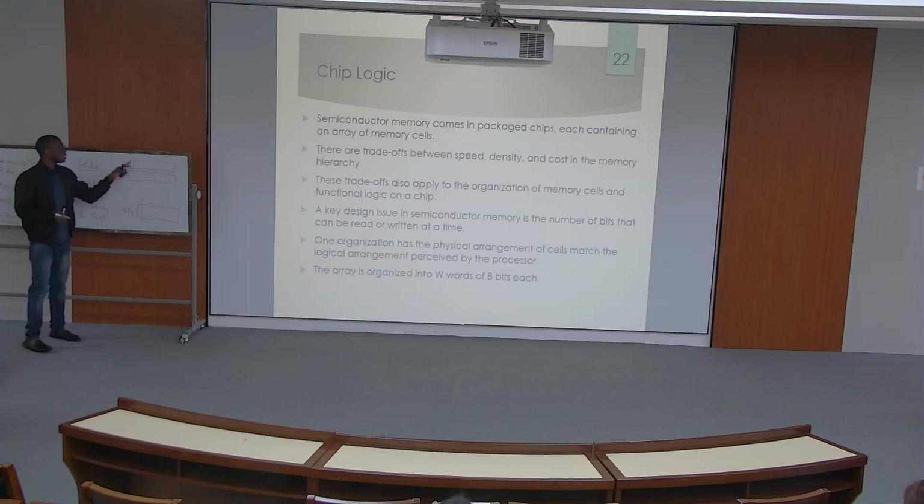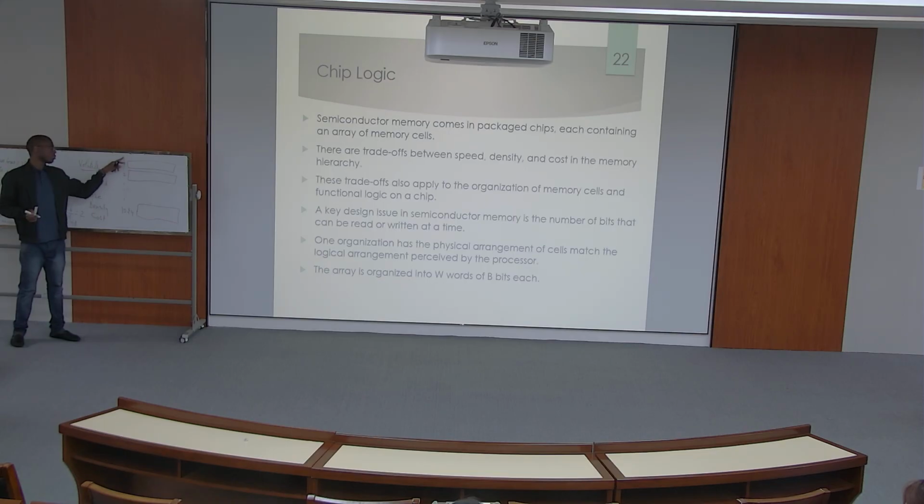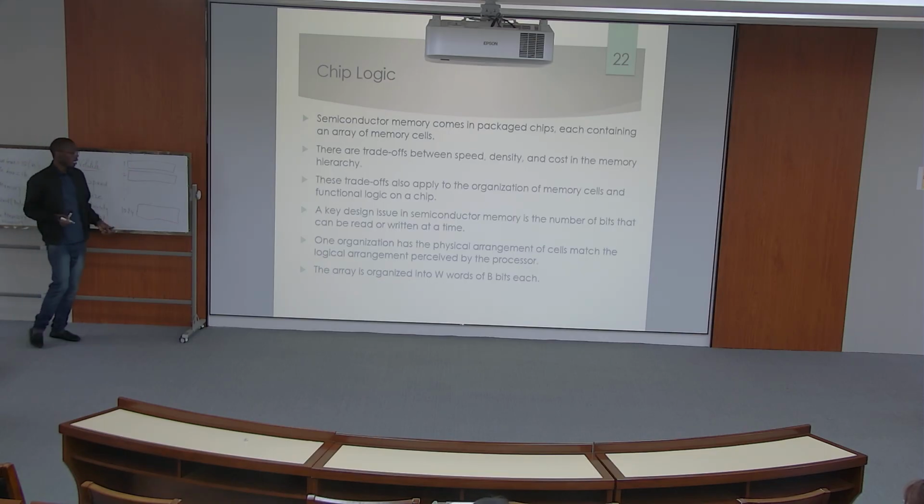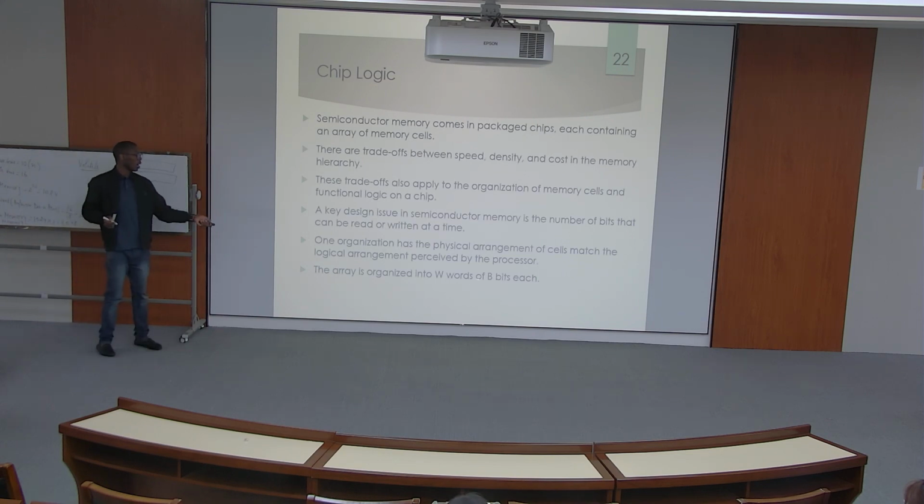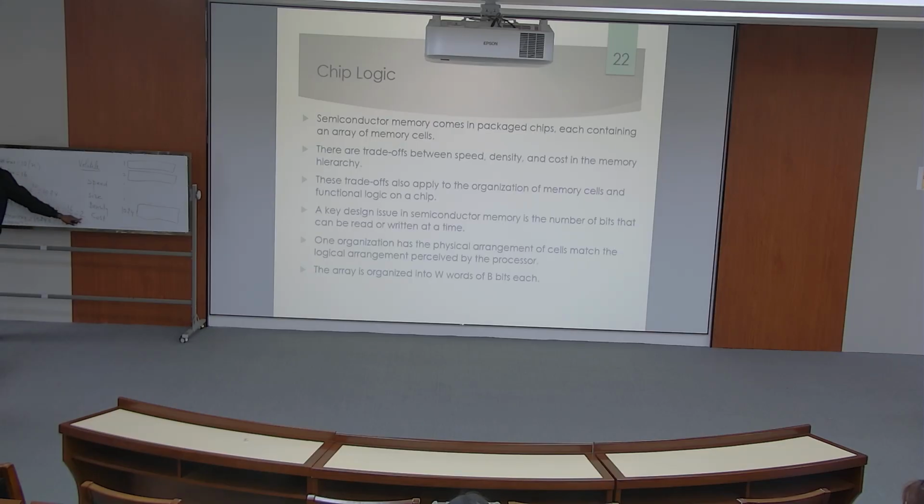Now, the array needs to be arranged into different words from 1 until the last word, and each word needs to have a number of bits. How many bits? We have seen, for example, that this memory has 1024 words, and each word is 2 bytes. That means each word is 16 bits, right?